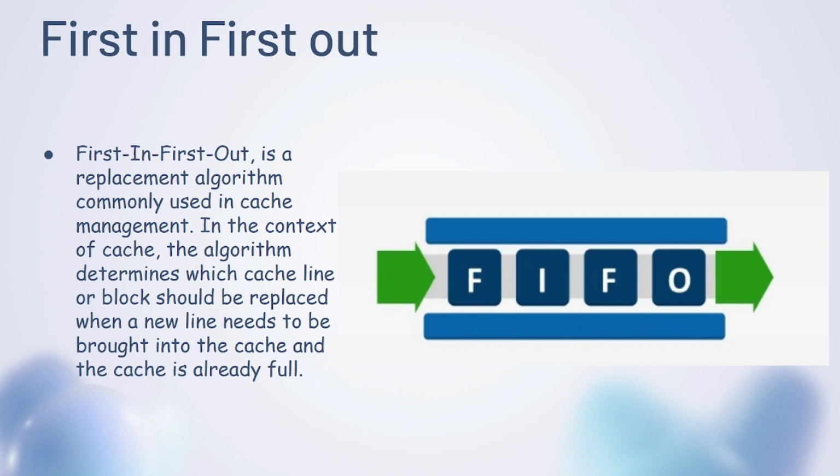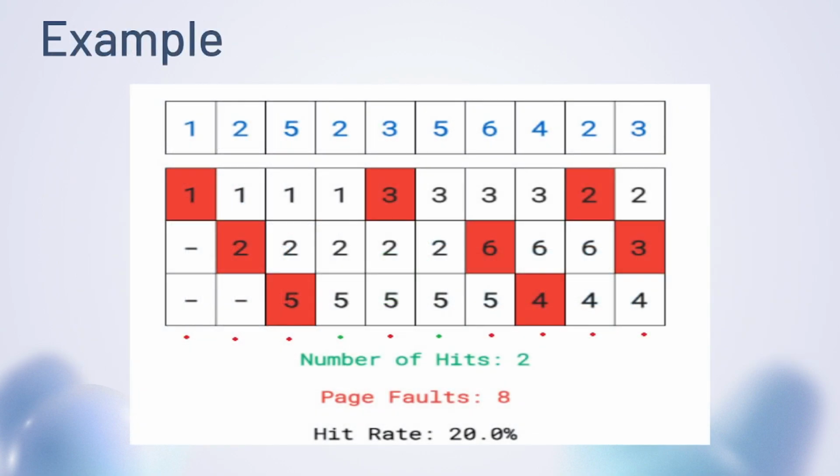Okay, we will go through an example to understand deeply how the FIFO replacement algorithm works. Over here I have an array of blocks. This array of blocks belongs in my memory, and over here we have columns.